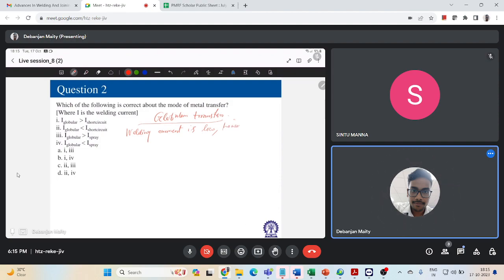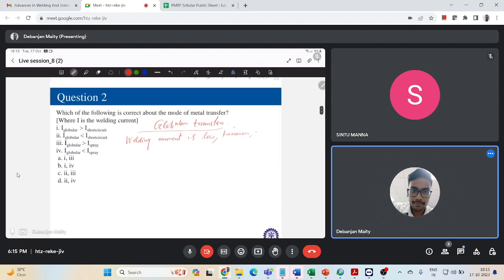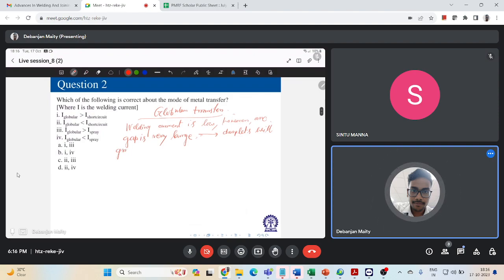However, the arc gap is very large, and because the arc gap is large, the droplet will grow slowly. Correct? Now, how long will the droplets continue to grow?